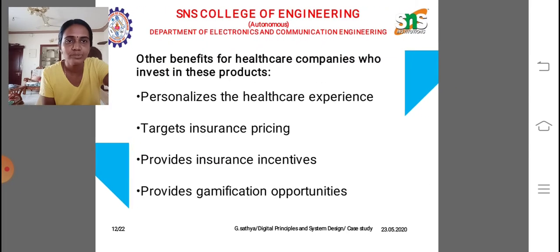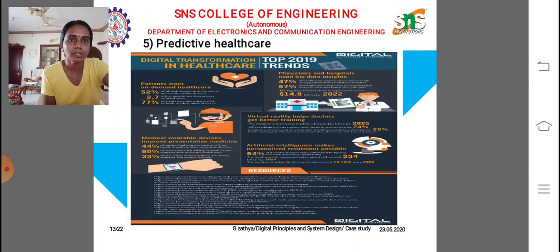And the next one is predictive healthcare. Predictive healthcare analytics is the process of learning from historical data in order to make predictions about the future. In healthcare, predictive analytics enables the best decisions to be made, allowing care to be personalized to each individual. It uses historical data to make predictions about the future.